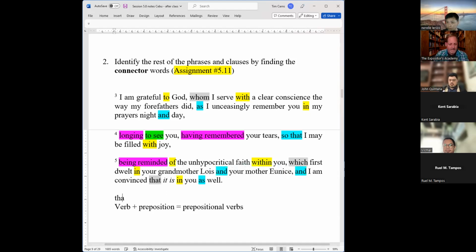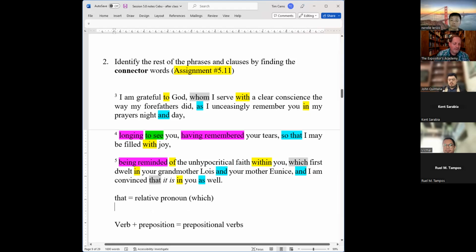The other challenge in this verse is the word "that." You remember "that" can be a relative pronoun, like the word "which," but it can also be a conjunction.